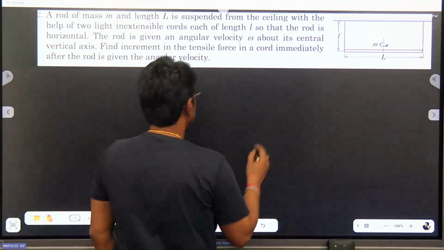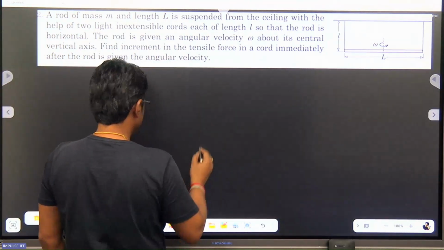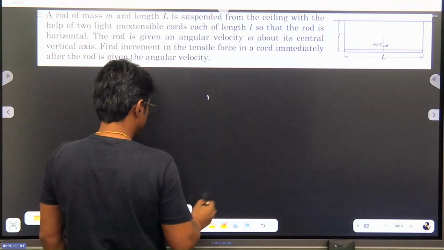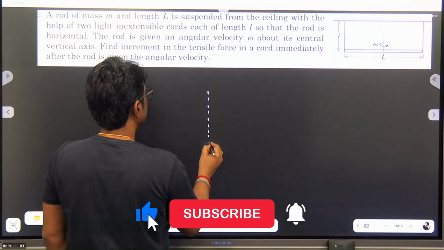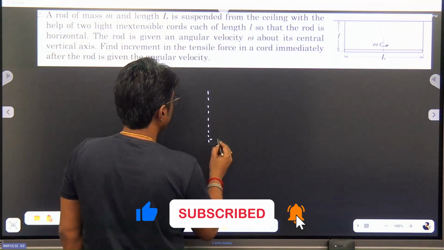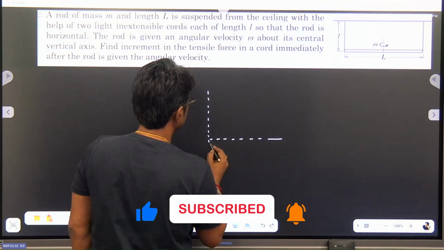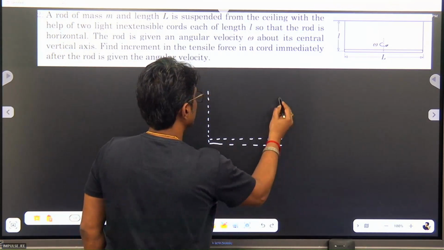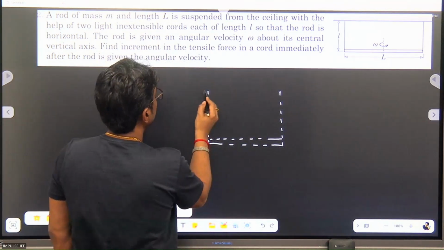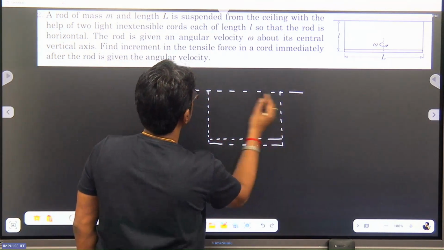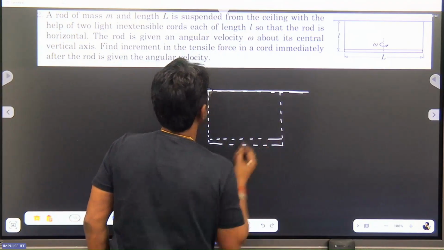So this is the initial situation. When the rod is in this position like this, and this is the support, and this is the support.